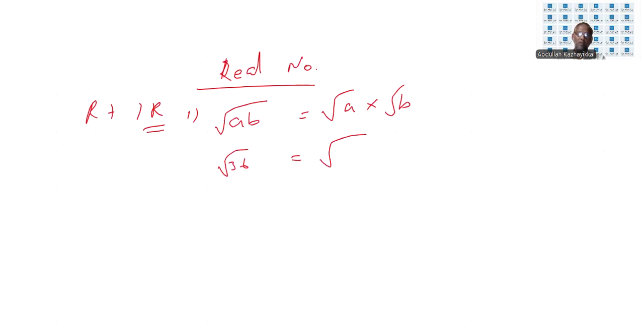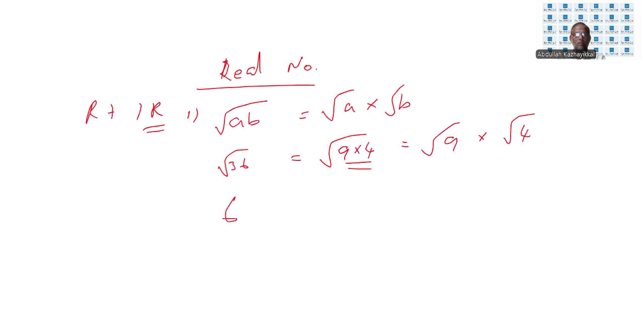We can factorize 36 as 9 into 4. That means root 9 into root 4. We can check this one. A into B means 9 into 4, that is 36. What is root of 36? 6 sixes are 36.